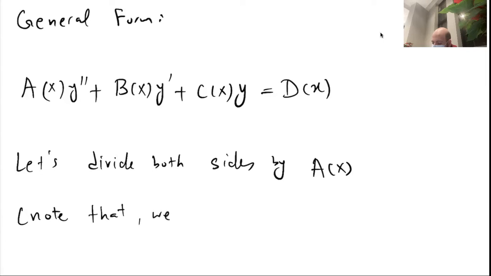Note that we can assume that a of x is non-zero, because repeatedly we have said in this course that if we divide both sides by a function, we have to make sure that that function is non-zero first. Why can we assume that this function is non-zero? Well, what happens if it's 0? If a of x is 0, then your first term will vanish, and you'll be left with a first order ODE.